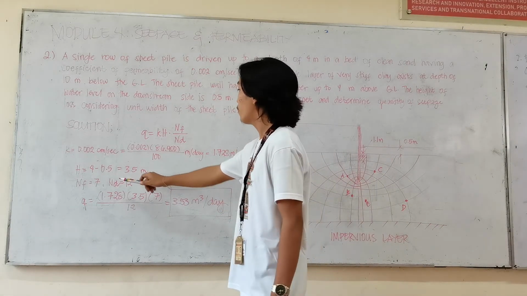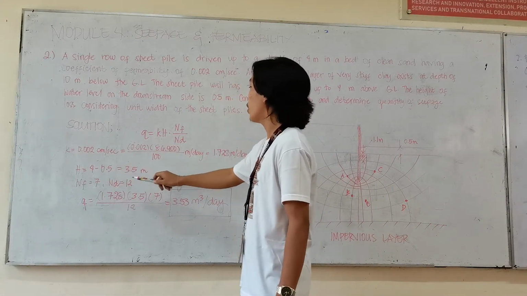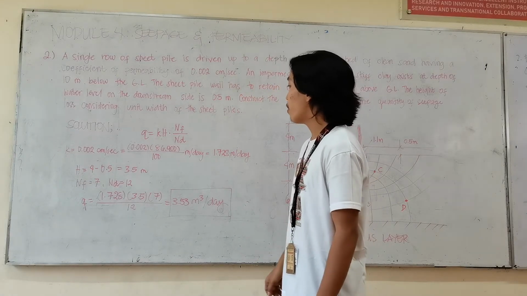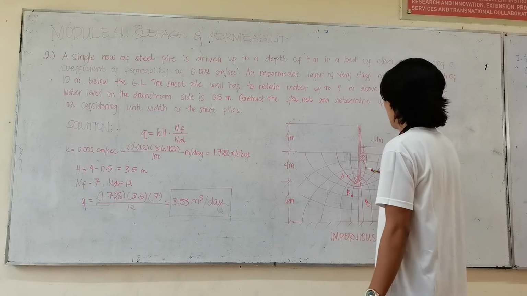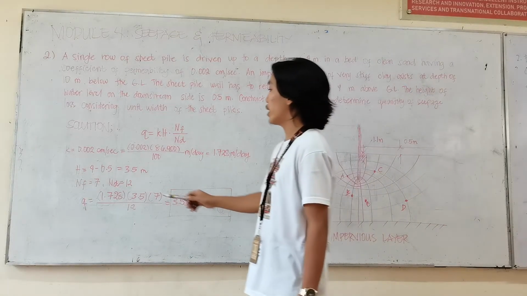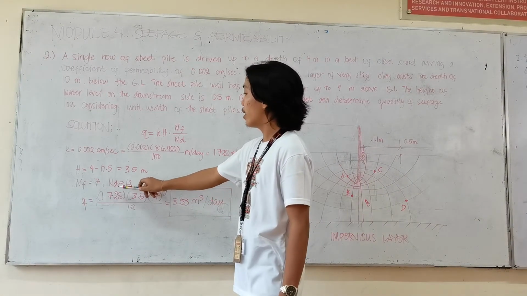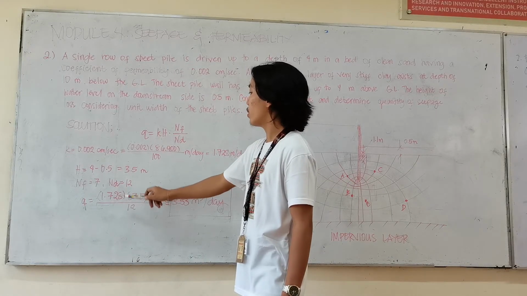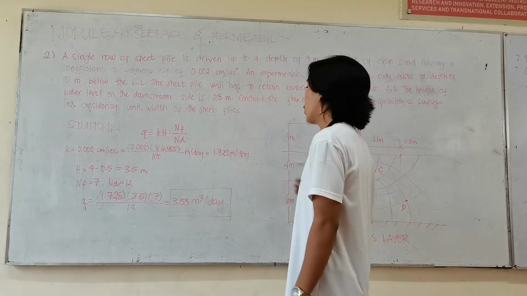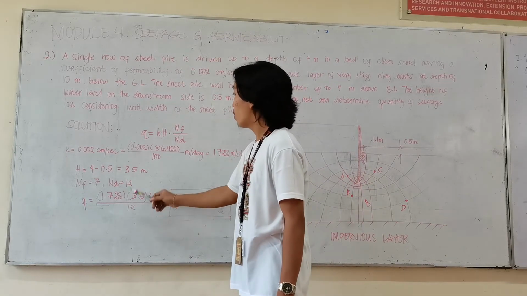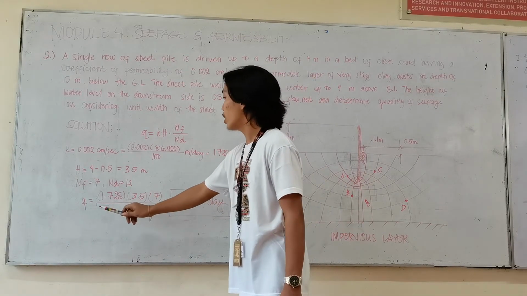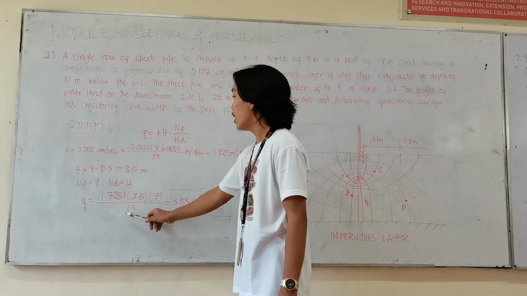So after we obtain the value of the coefficient of permeability, we now get the value of the initial head, which is 4 meters minus 0.5, and the number of flow channels is 7, which we can see in the flow net that we drew, and the number of equal drops is equal to 12, which we also obtain from the constructed flow net. After obtaining these values, we are just going to plug them into our formula.